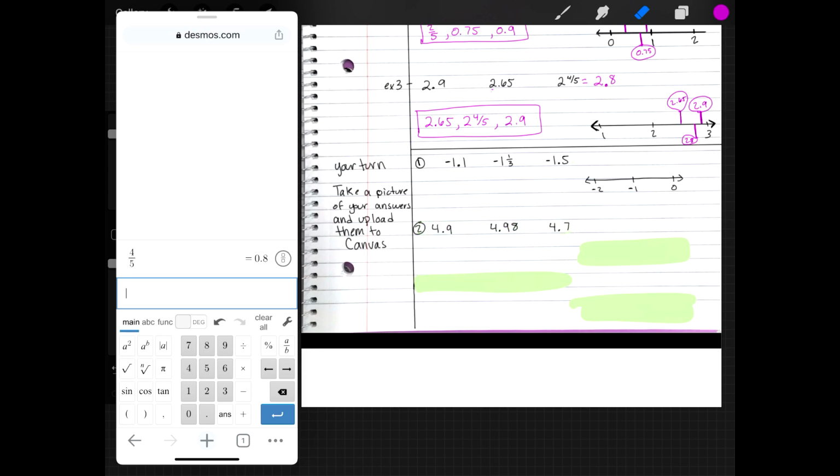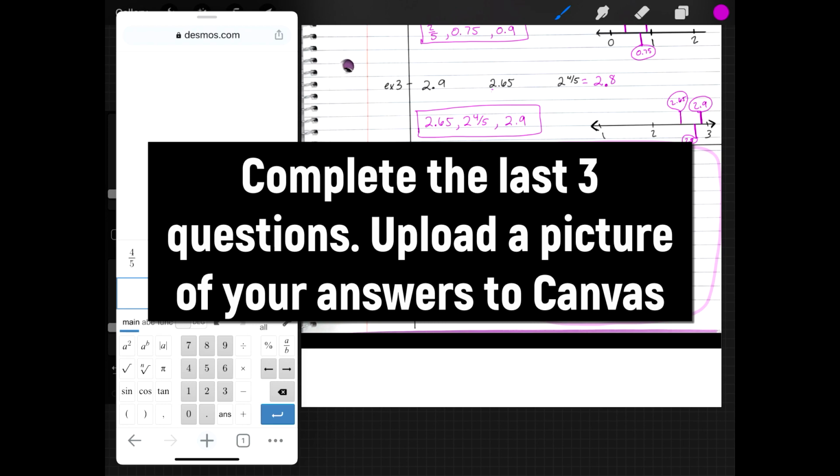Number 2. Also least to greatest, and then I gave you a number line. And then number 3, you're going to do least to greatest, and then I gave you a number line as well. Okay, these right here, you will take a picture of these and upload them to Canvas. Okay, and again, you're going from least to greatest.